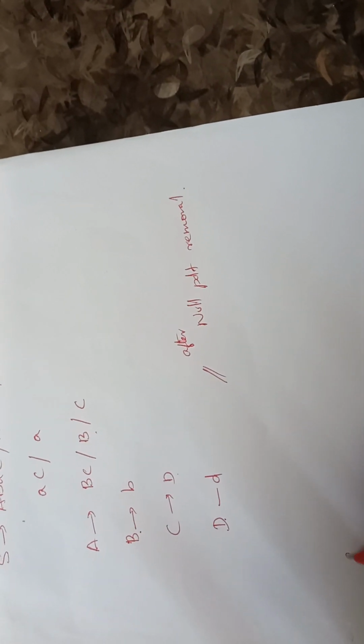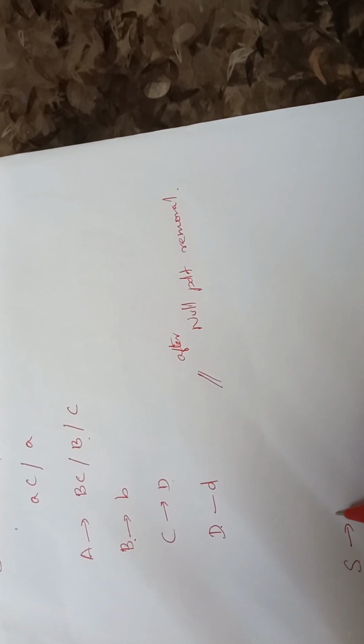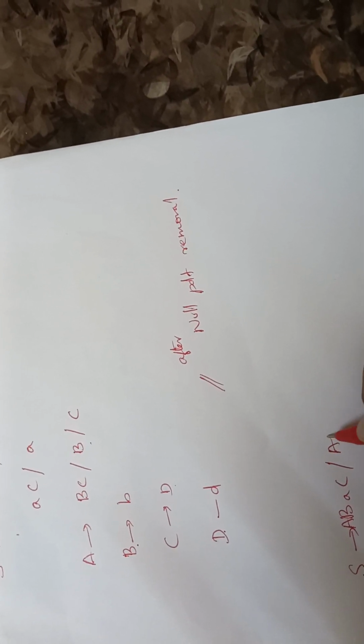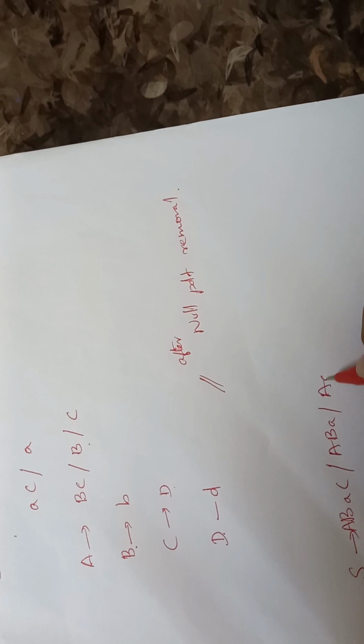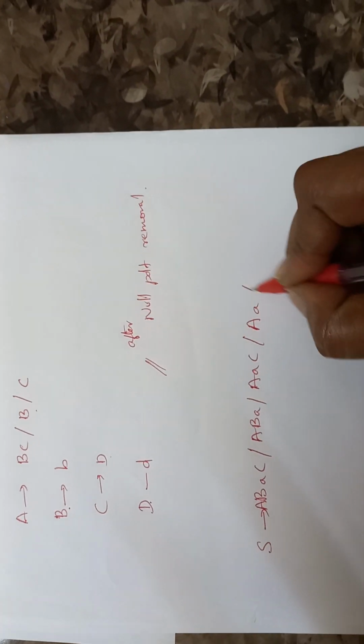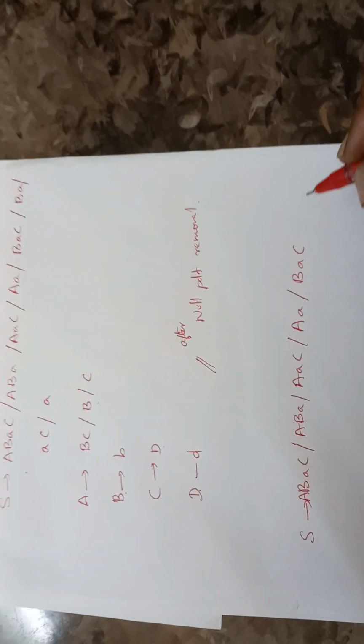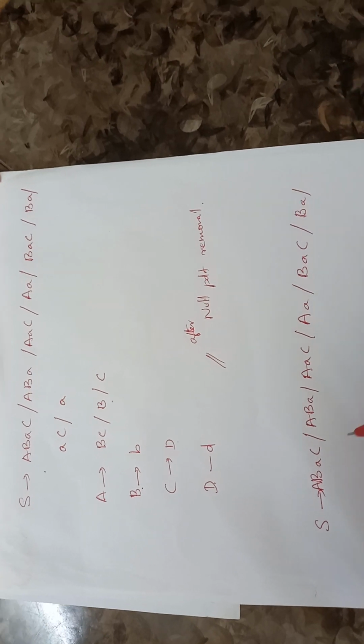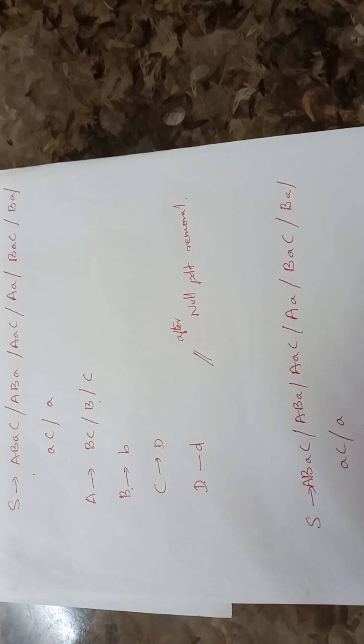So the grammar will be like S derives ABAC, then ABA, AAC, then AA, BAC, then BA, then again it is AC, A. Right?